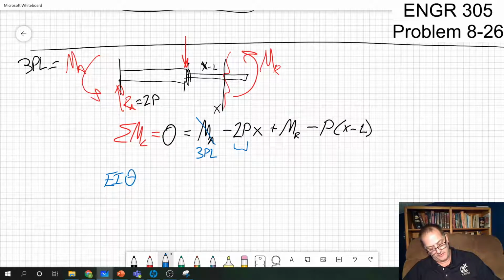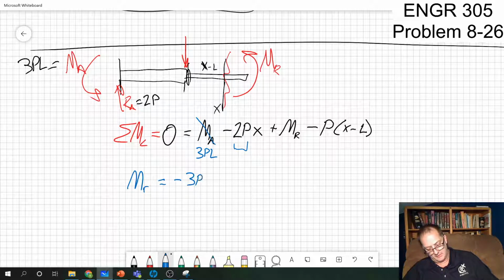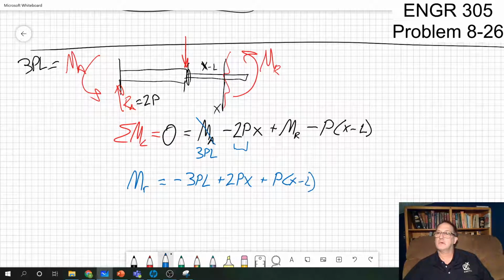Before I do that, I want to rewrite this. M_R is equal to minus 3PL plus 2Px plus P times x minus L. Okay?